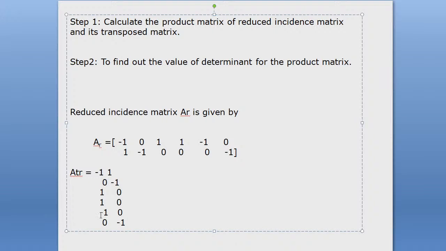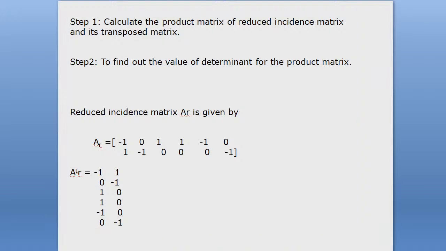And this one 0 0. So this is the transpose reduced matrix. Everyone try to understand this one. Transpose reduced matrix, columns 1 2 3 4 5 6.